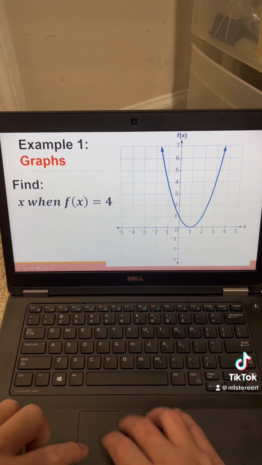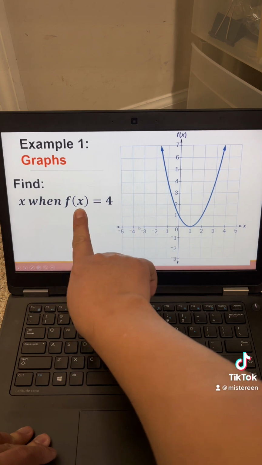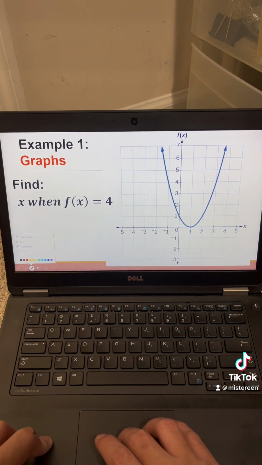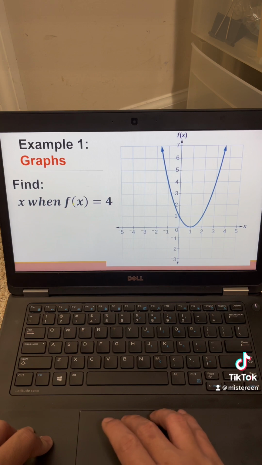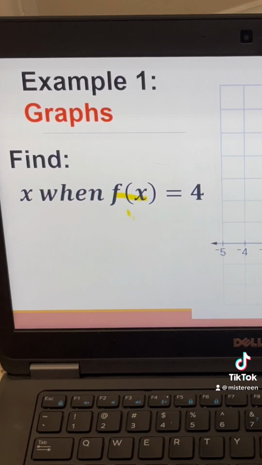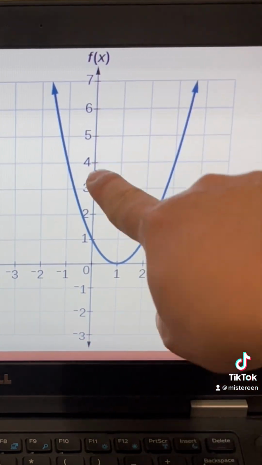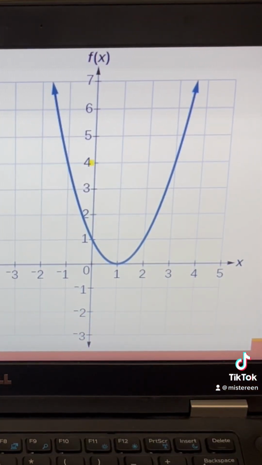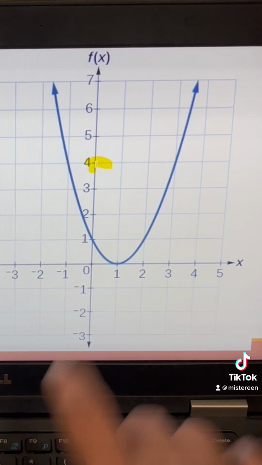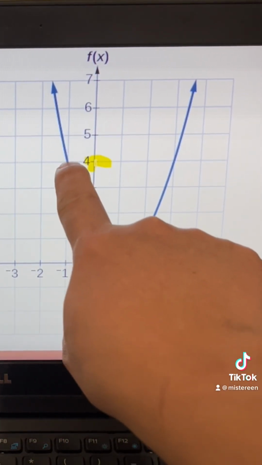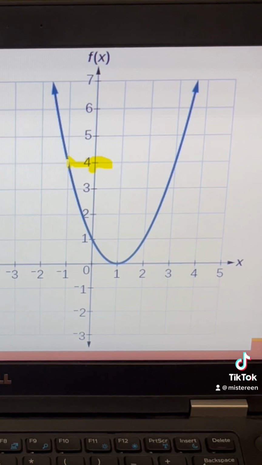The last one for the graphs: we're going to find x when f of x is equal to 4. This problem is a bit different because this time we're looking for the value of x. What is given is that f of x, which is just y, is equal to 4. So we begin from the y, which is 4, and if you go left, there's a part of the graph, and the corresponding value of x is -1.